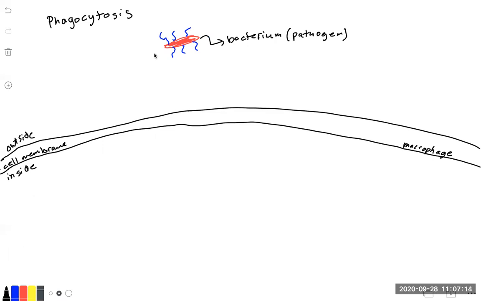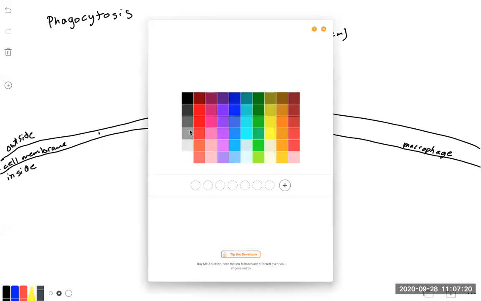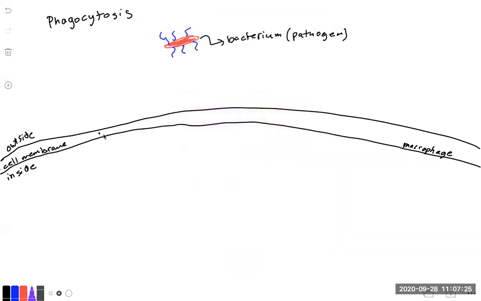So what's going to happen? Well, the macrophage has receptors on it. The macrophage will have a receptor on it that will fit these lipopolysaccharides and stimulate the cell to undergo phagocytosis.